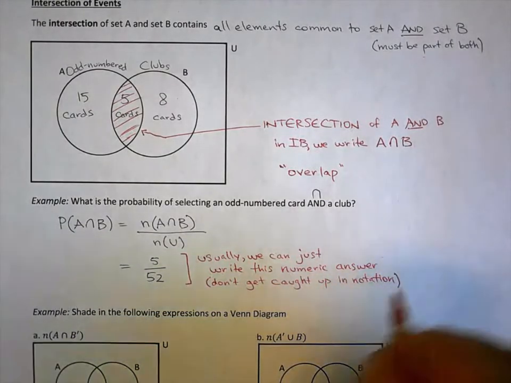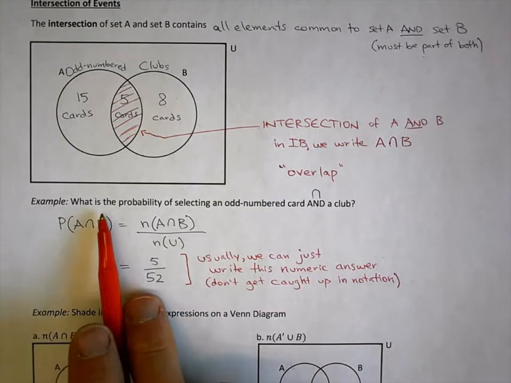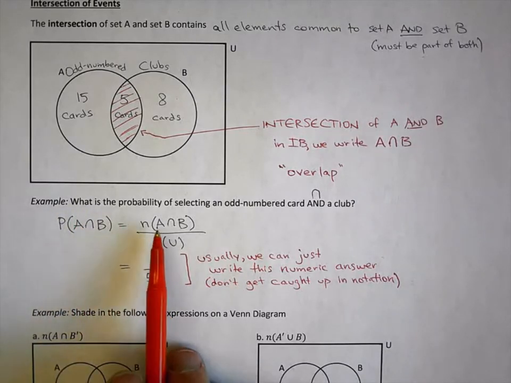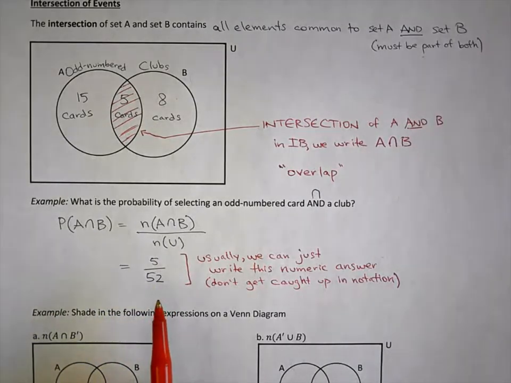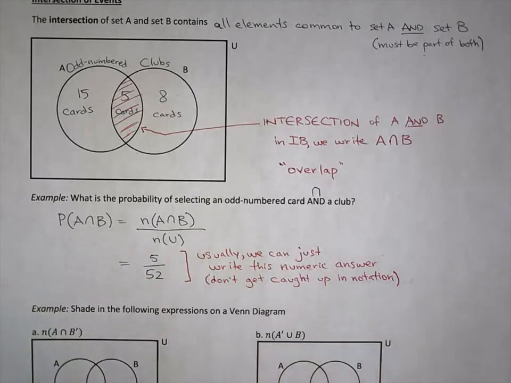Sometimes you're going to be asked for this question, and you could just write 5 over 52. Don't worry too much about the notation, especially in some of the more complicated problems. The notation tends to bog you down. All I'm interested in is the probability. And remember, you don't have to reduce this, although you can't reduce it.